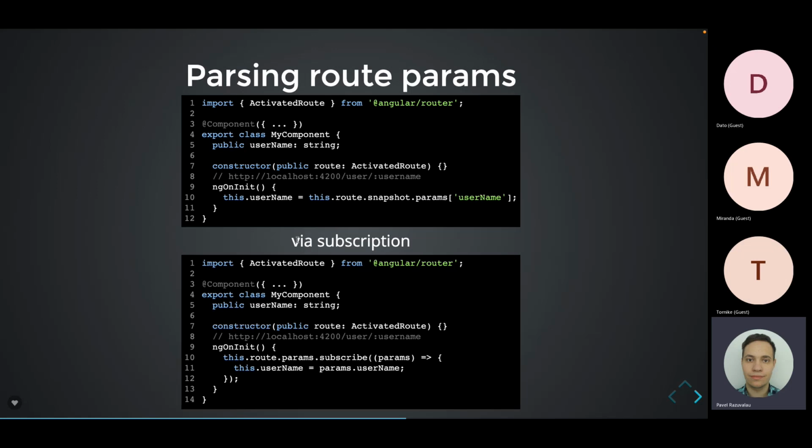But if we are on the same page and we change the route param, let's say we change the username in our address bar, and we want to reflect these changes, there is another option: to refer to the params from the current route. And in this case, the params object is an observable.